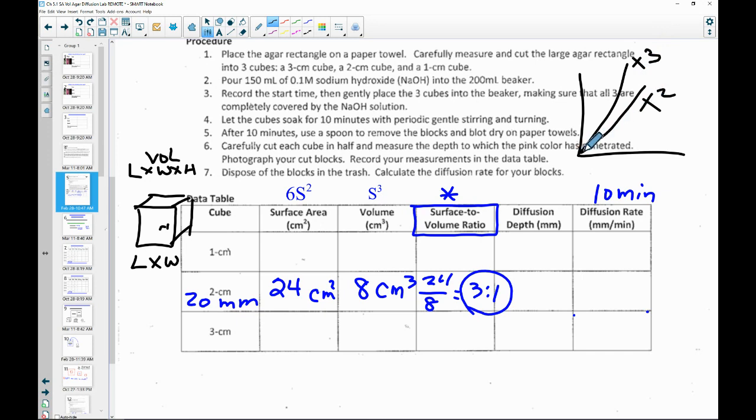Down here, remember this is surface area, this is volume. So what is the ratio of surface area to volume? And you can see this is your cell size over here. As your cell gets bigger, the volume gets bigger, and the ratio gets smaller.